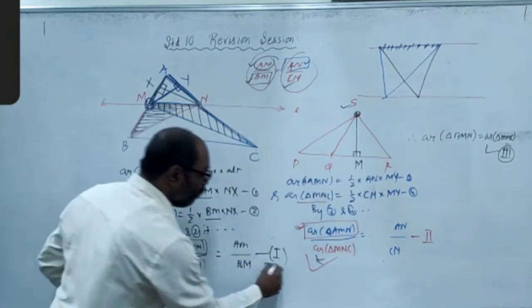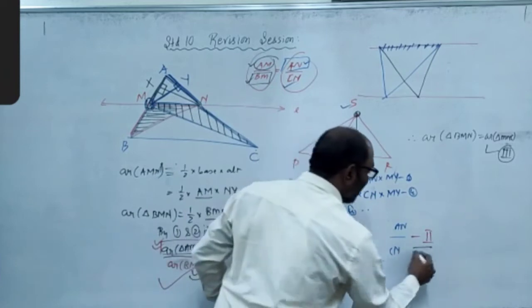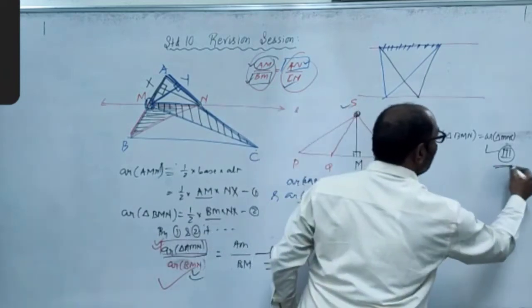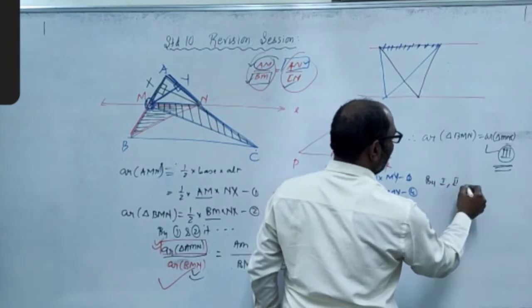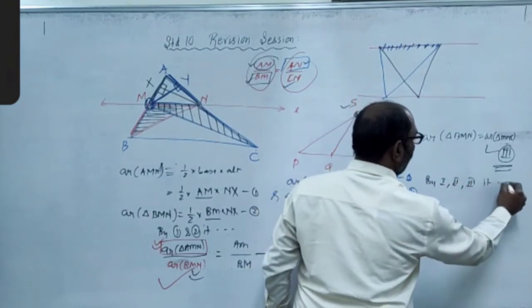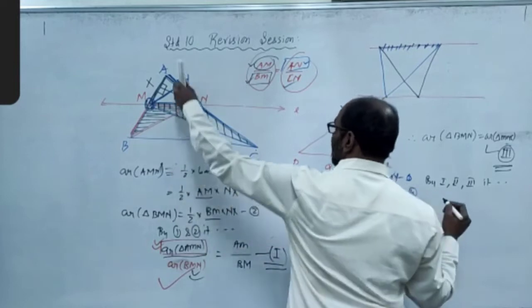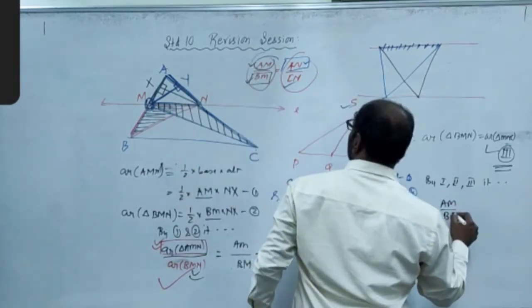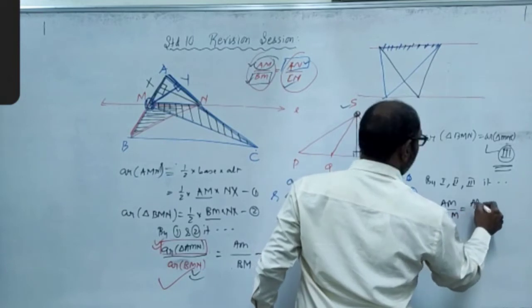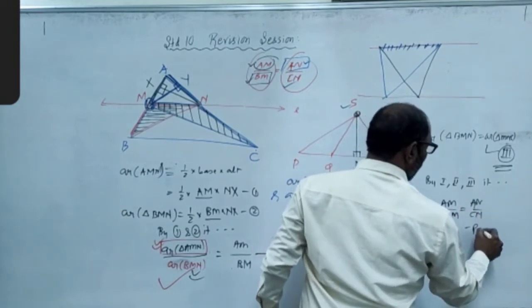So now by first, by second, and by third, it follows that AM upon MB is equal to AN upon CN. True.